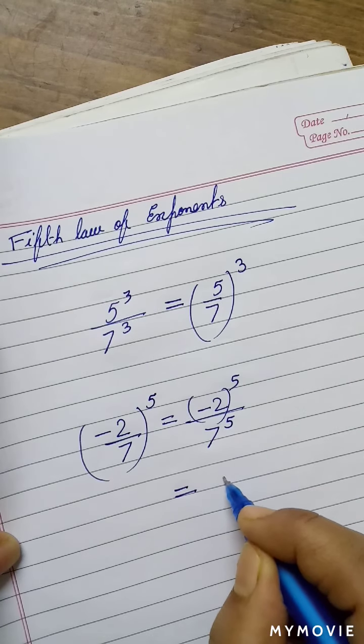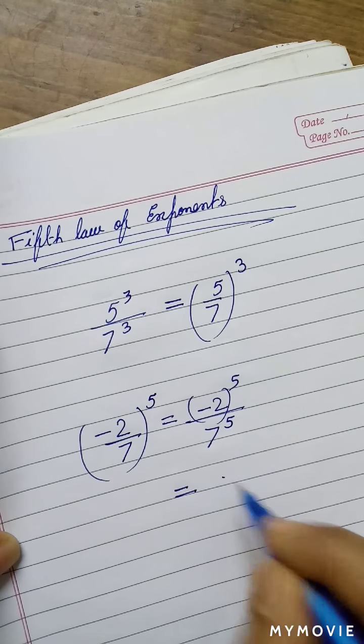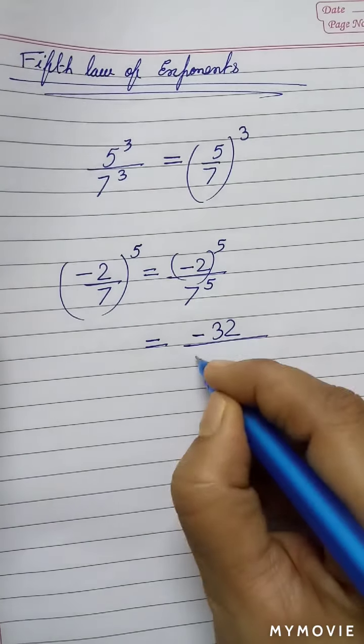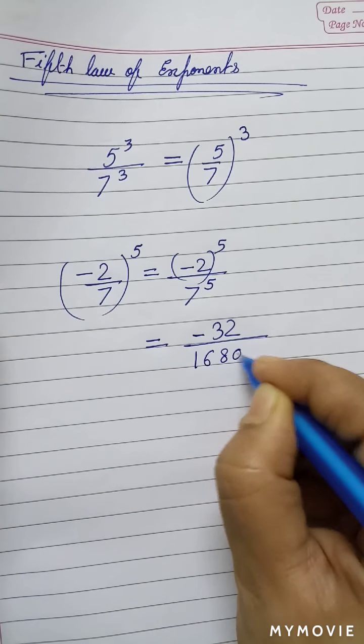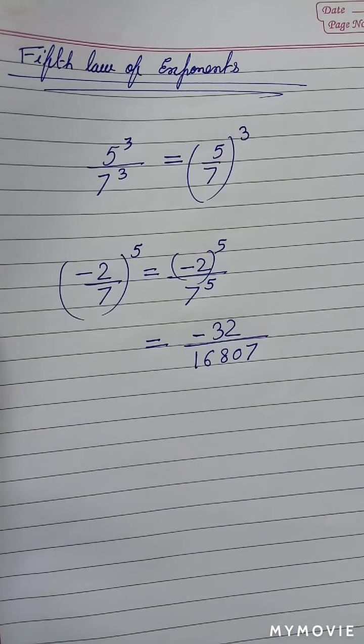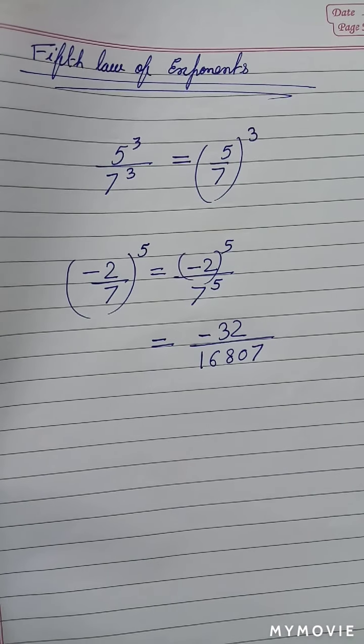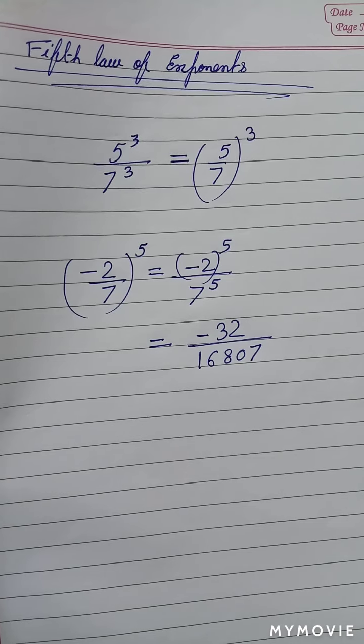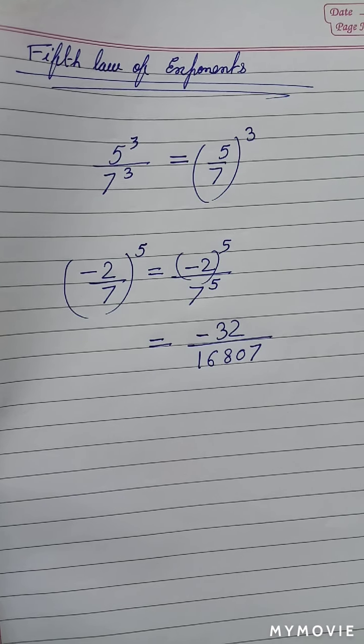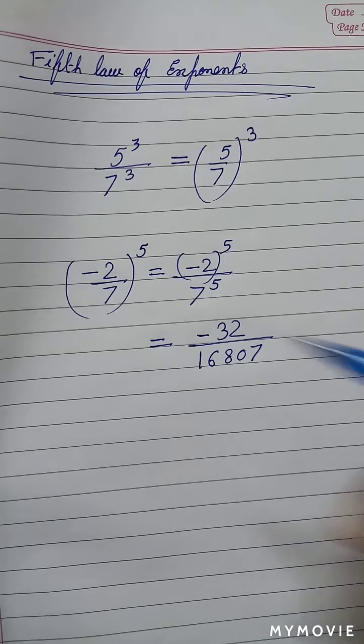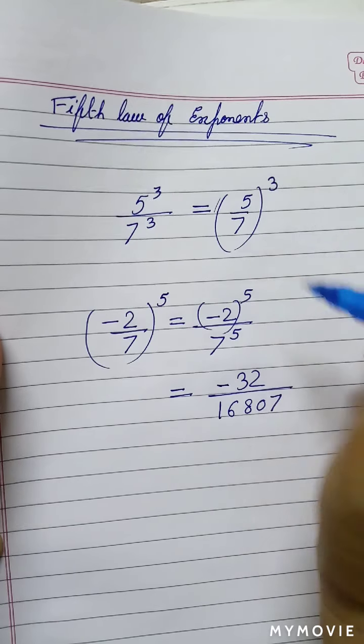So the result is going to be minus 32 by 16,807. So the fifth law states whenever we have a rational number where the numerator and the denominator share the same exponent, in that case, we can put the rational number inside a bracket and the exponent will be the common exponent of both of them.